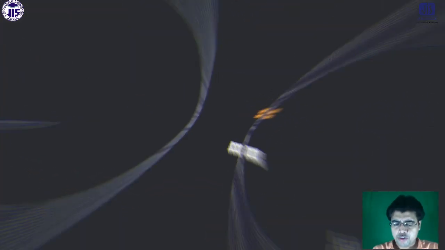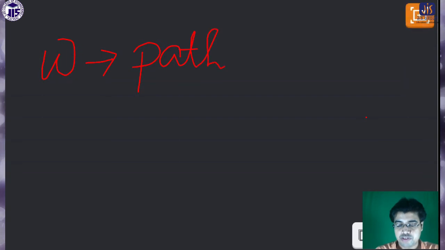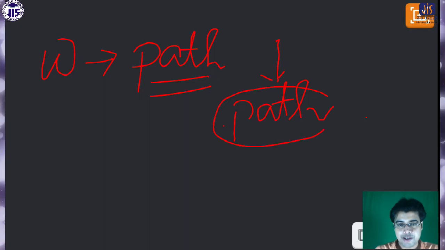Now there is a very common, important question. All of us know that work W is a path function. I told you what a path function and what a state function is. Path function means it depends on the pathway of the change, that's why it is called the path function.